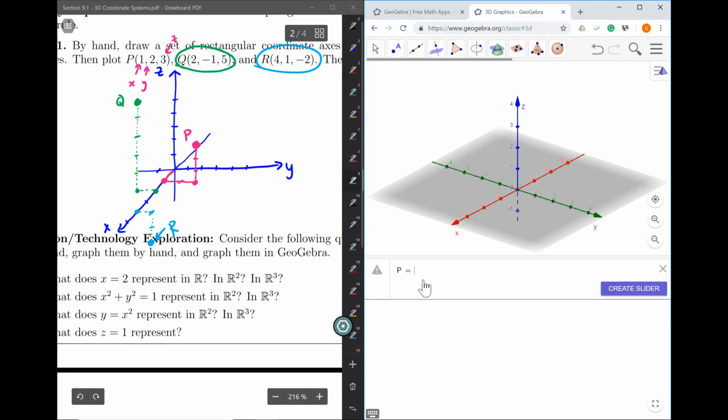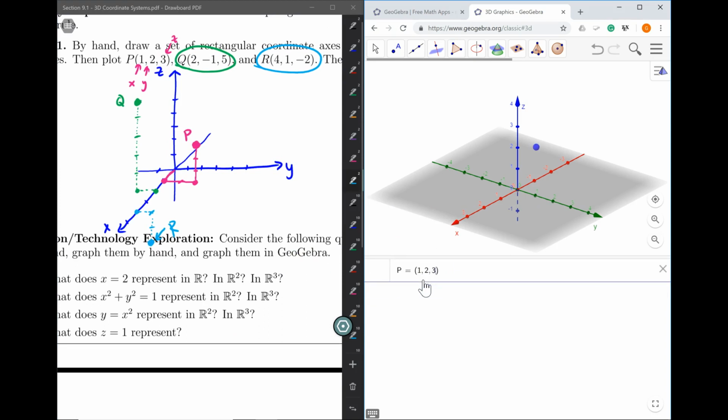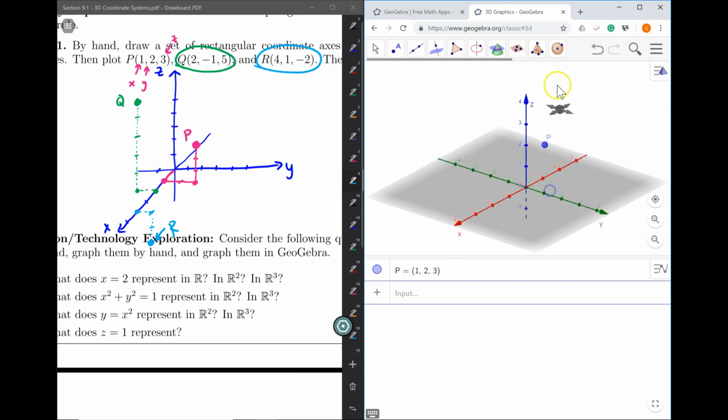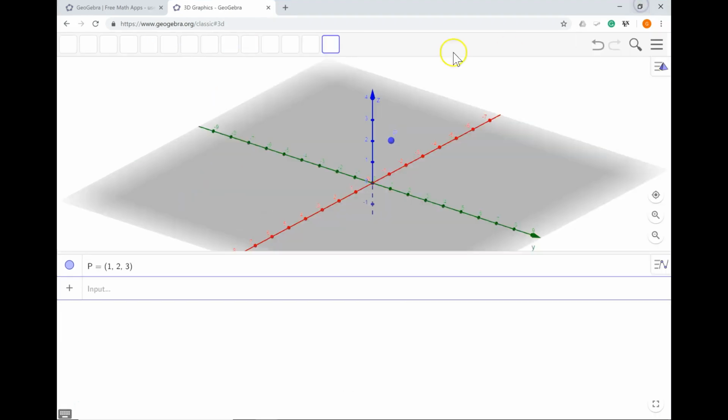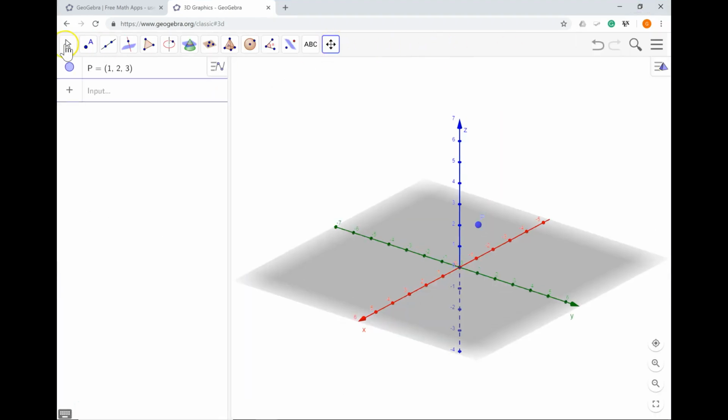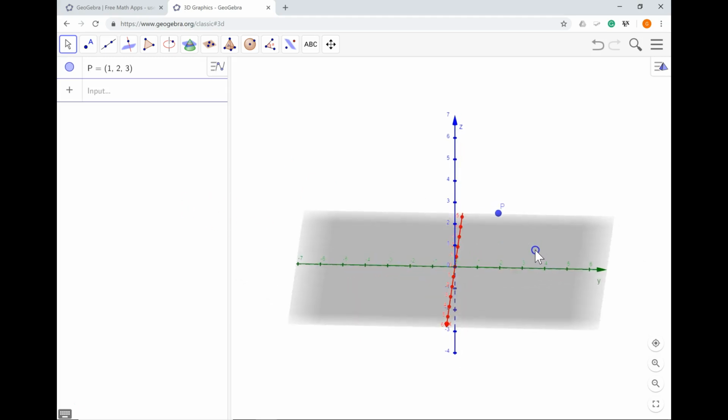So we have the point P equals (1, 2, 3). There it is. I'll do large screen here instead, and make this back over to the move tool, and now I can see.